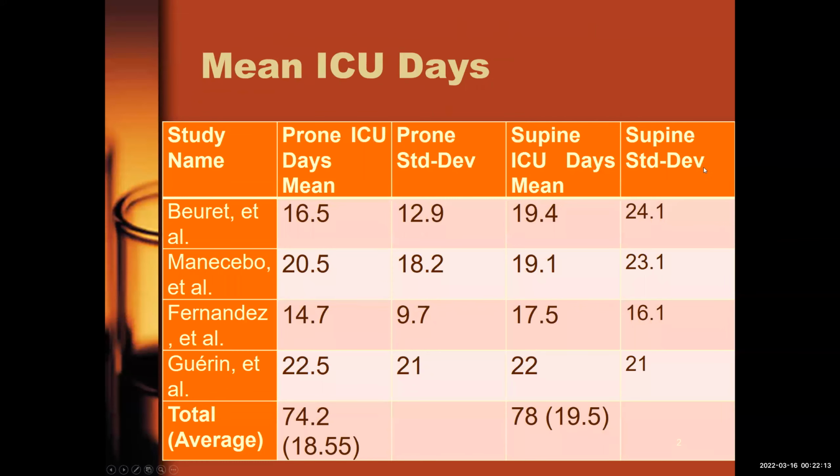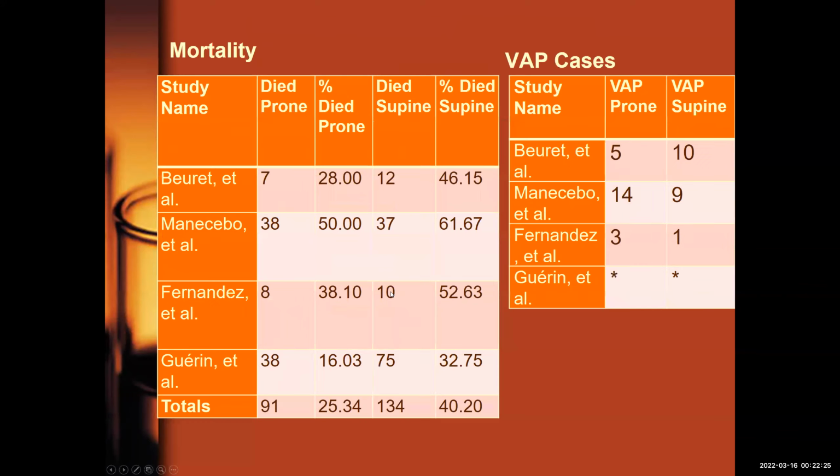So if we go down to our mean ICU days, focusing right here on the bottom, we can see for our average, it doesn't vary by much. Honestly, just one day when you look at prone positioning and supine positioning. If we look at mortality, we can see our percentage that died for prone positioning right here and our percentage for supine positioning.